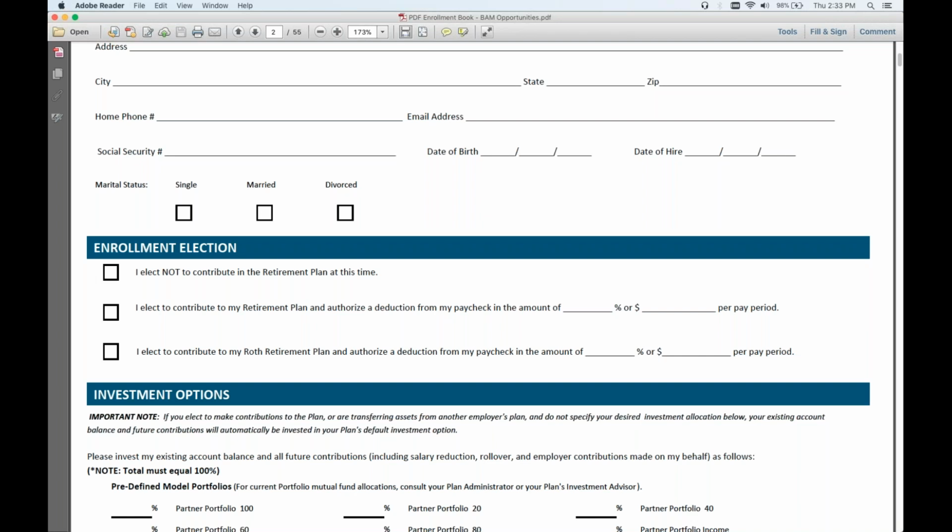Right. The other thing is we pay twice a month. So how does that work? Is this only addressed once a month type thing? No, it's going to come out of each pay period. So 5% of each paycheck would go in, and 4% of each paycheck would go in for the company match. So it is a per pay period basis. Okay.